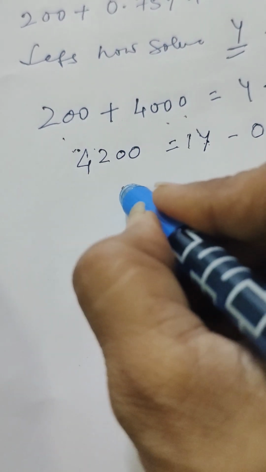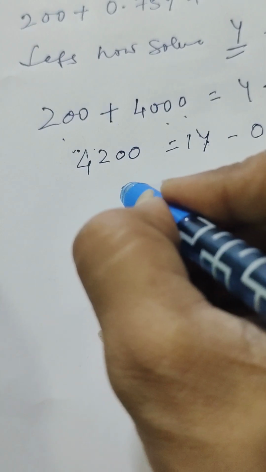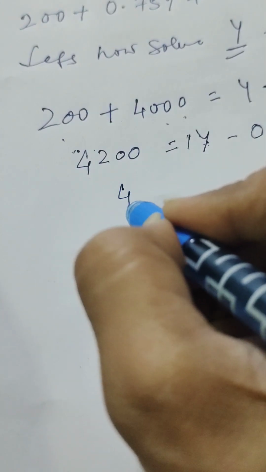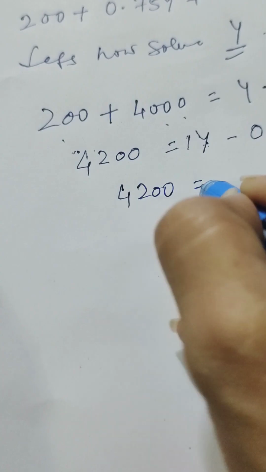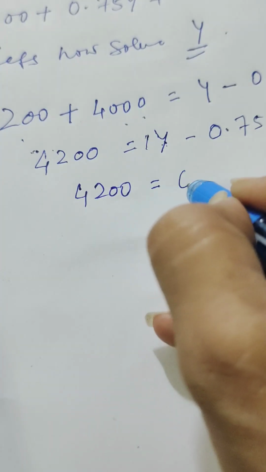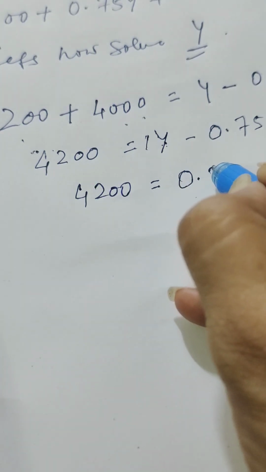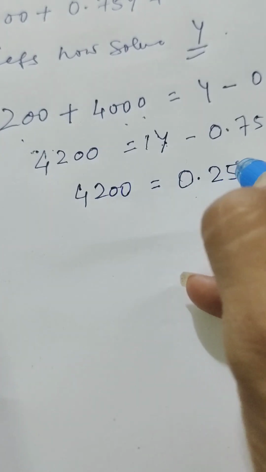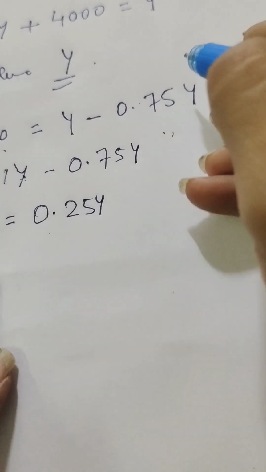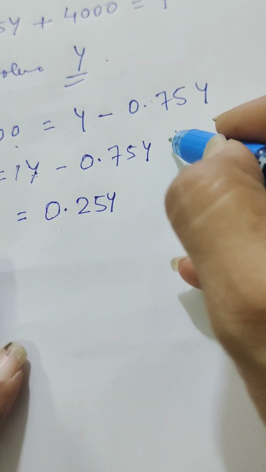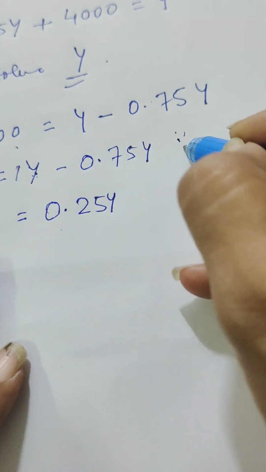So the next step, 4,200 is equal to how much? 0.25y.